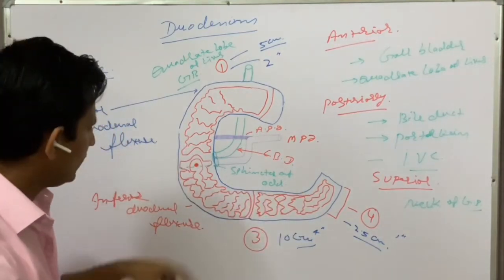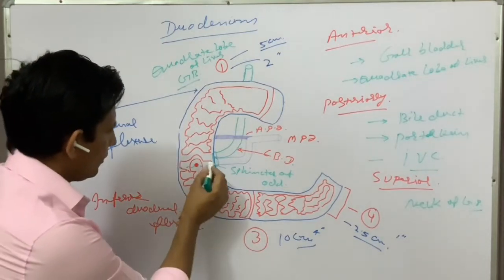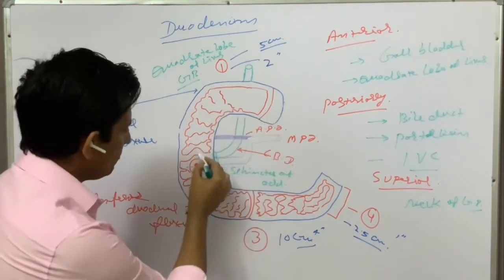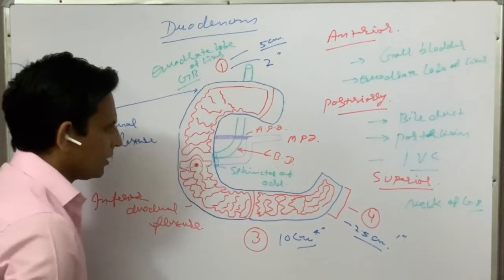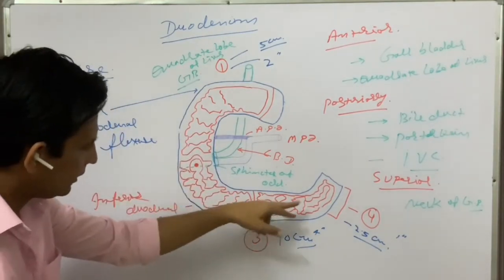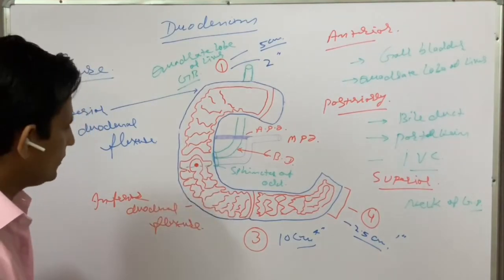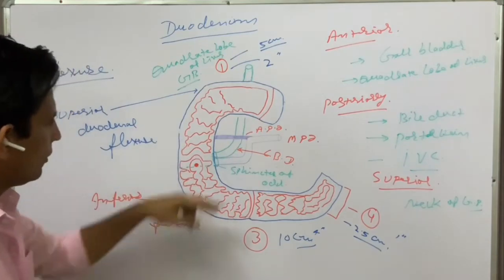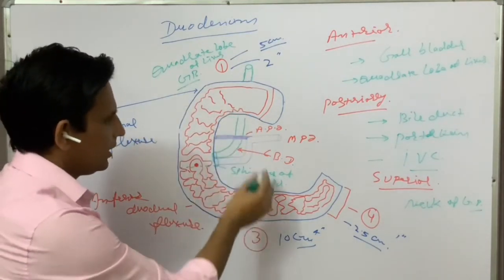So the first part and some part of the second part are derived from the foregut, and the third and fourth parts and the lower part of the second portion are derived from the midgut. So the blood supply of these parts will also be different.